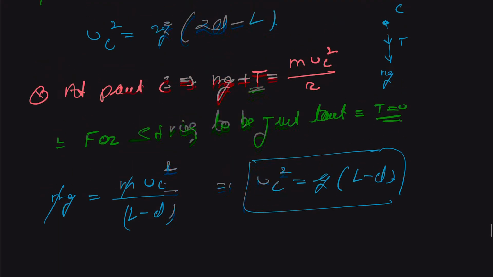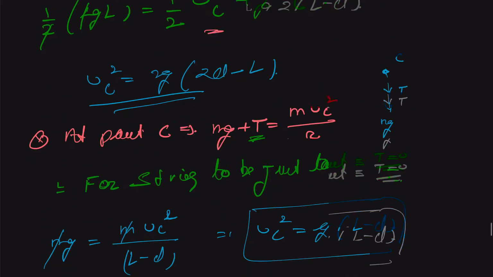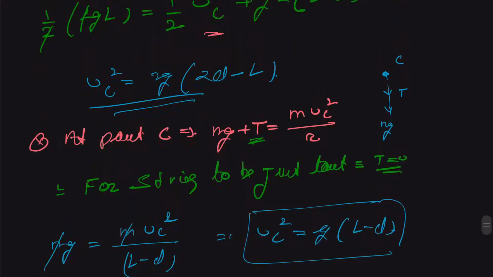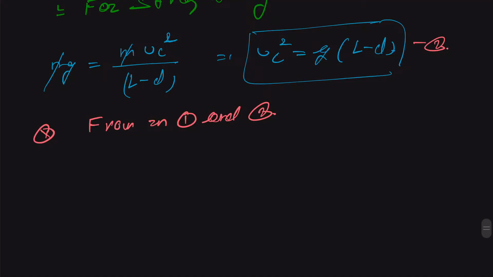Okay. And we have two equations for the velocity at point C, so we can simply equate them. Let us call this equation number 1 and this equation number 2. So from equation 1 and 2 we can write that g(L minus d) is equal to 2g times (2d minus L).